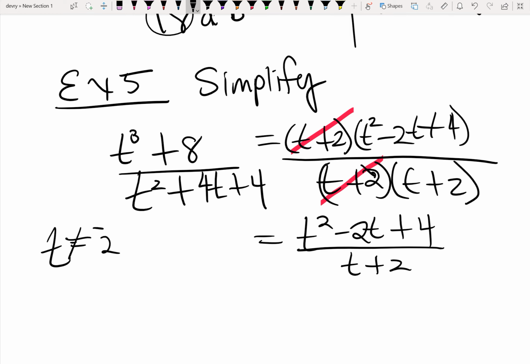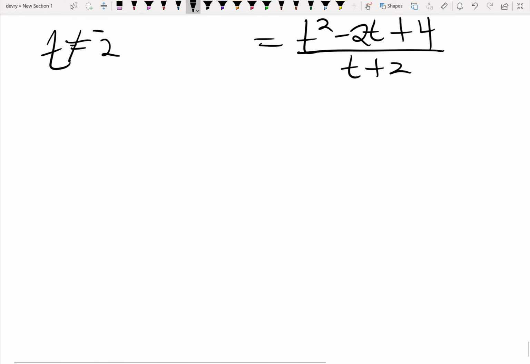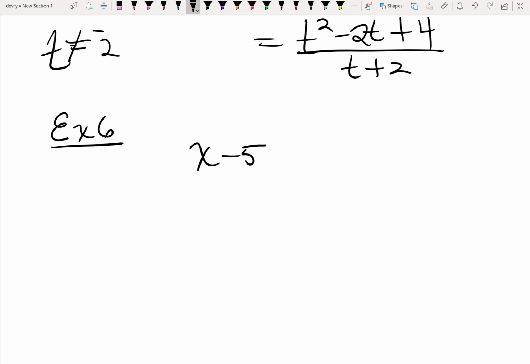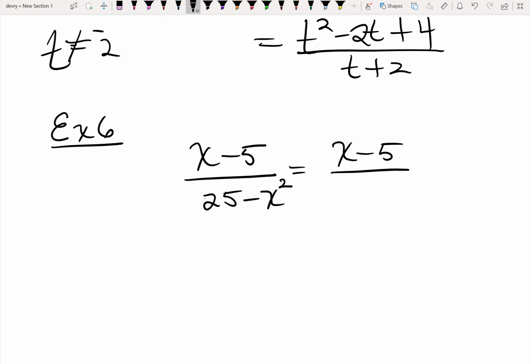Okay, and the last example here is example 6. In example 6, we're simplifying this rational expression. Notice that this is x minus 5 over 25 minus x squared. So it is obvious that this is x minus 5 over 5 minus x times 5 plus x.